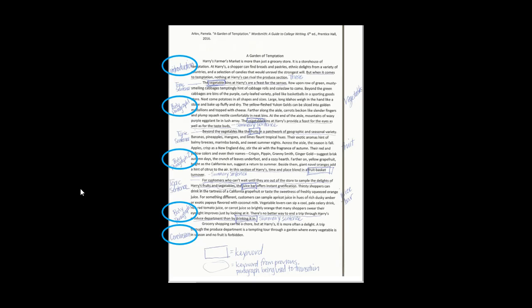So I label the introduction, each body paragraph, and the conclusion. So you'll notice that even though it's the second paragraph of the essay, it's still the first body paragraph. So I label body paragraph 1, 2, 3, conclusion, introduction.